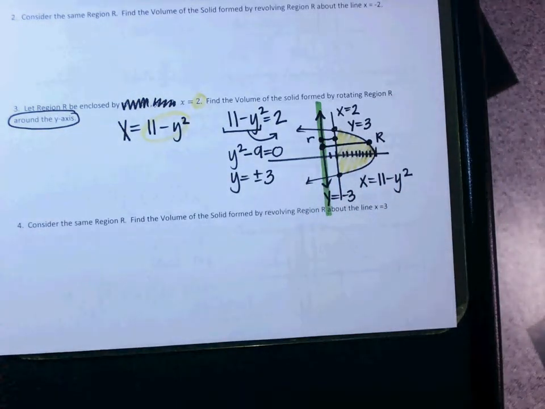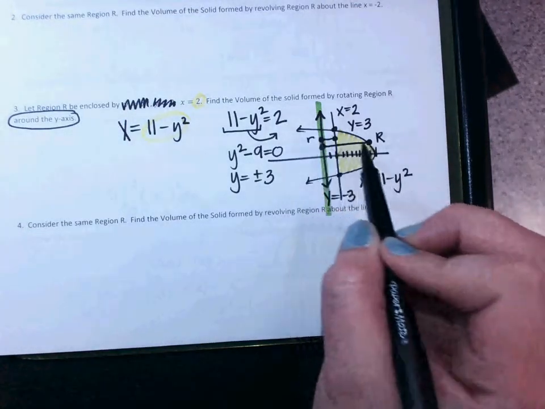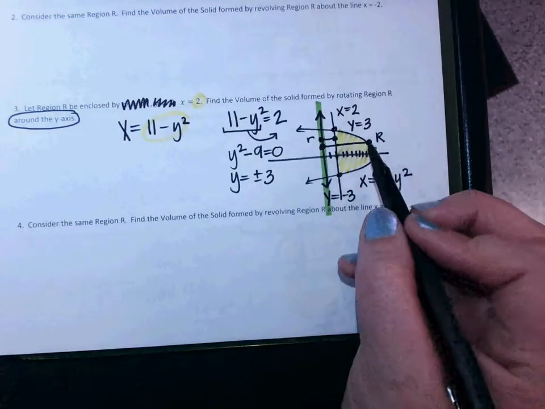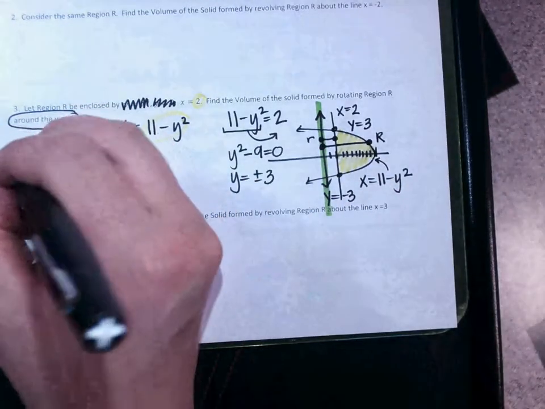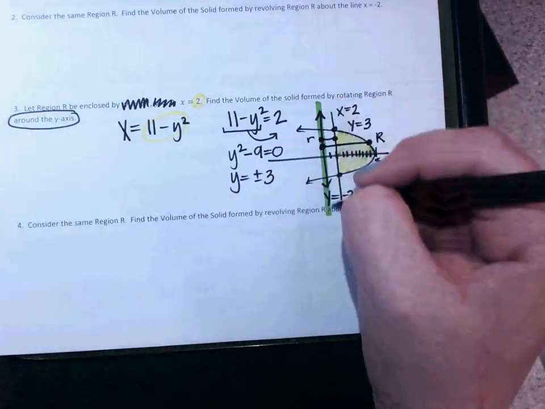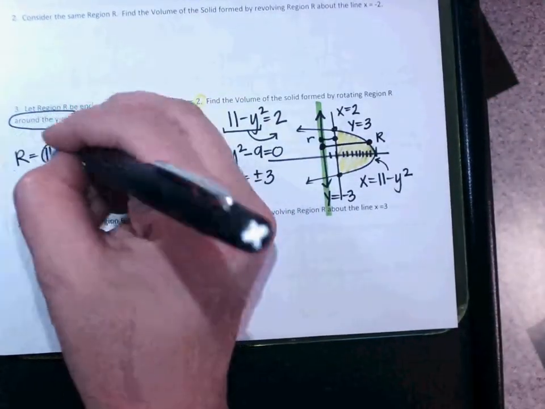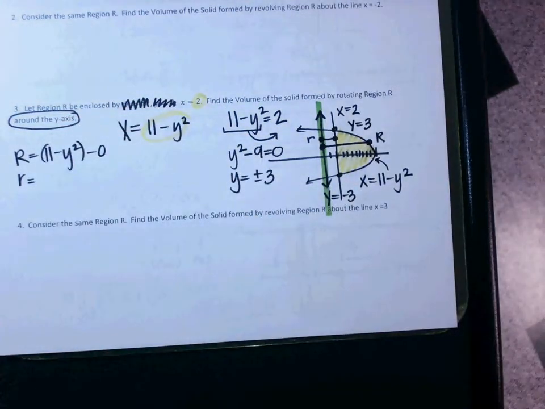Okay, what is capital R going to be? Right minus left. What's this equation? 11 minus y squared. Minus, if it's the axis, this axis is 0. So it'd be 11 minus y squared minus 0. Little r, what would little r be?